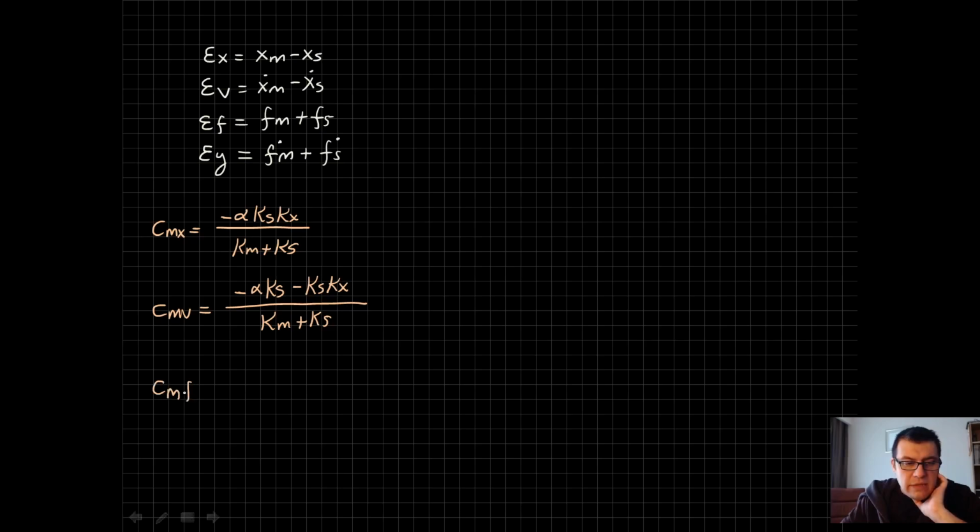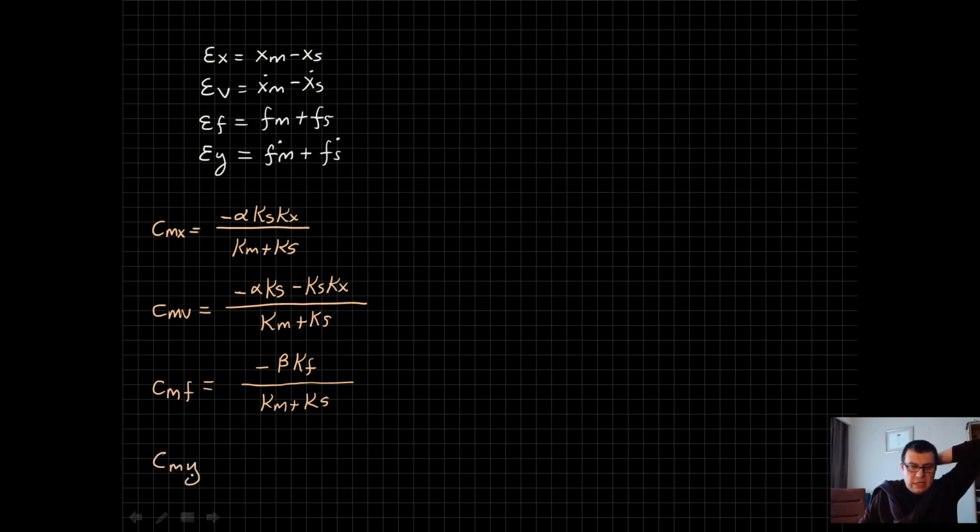C master in force is equal to minus beta kf over km plus ks. Let's correct this: k master plus k slave. And C master in Yang is nothing but minus kf minus beta over k master plus k slave.